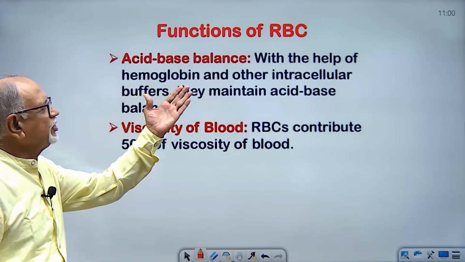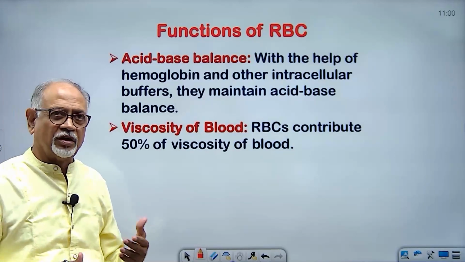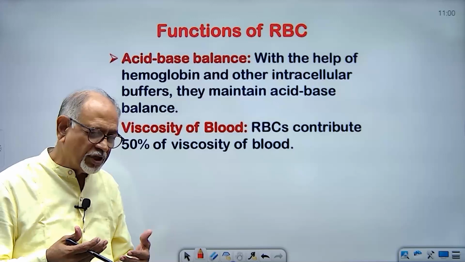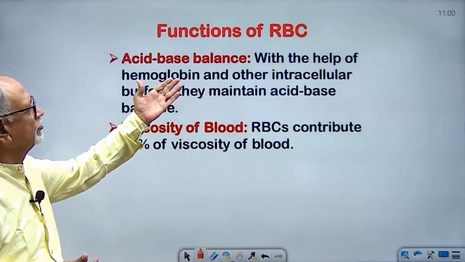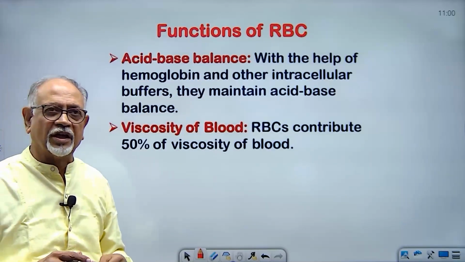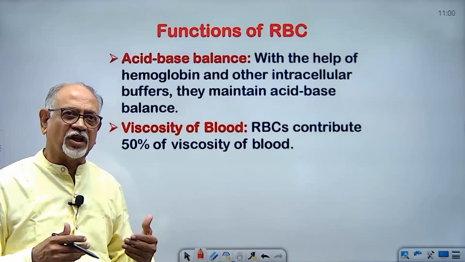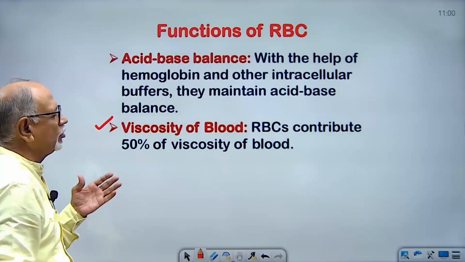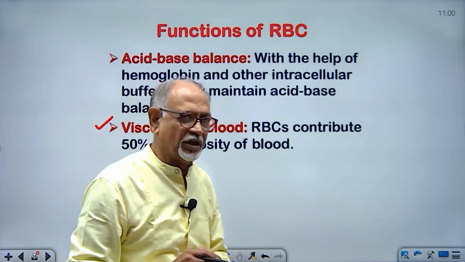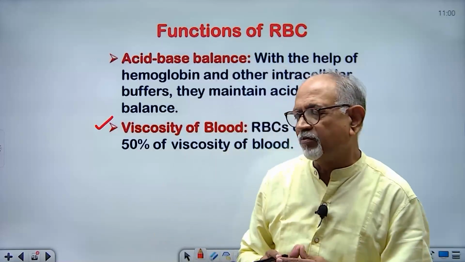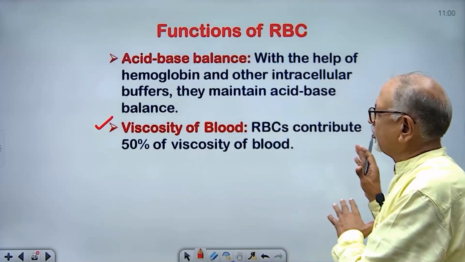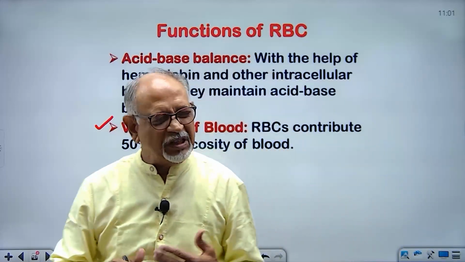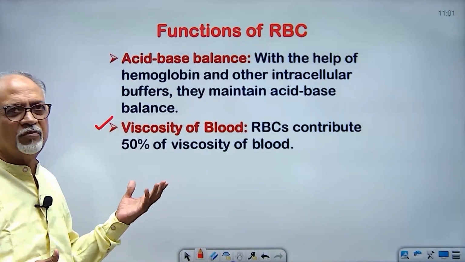Now, the same thing here, by bicarbonate ions and by hemoglobin, that is a protein, the acid-base balance is maintained in the blood and other inter and intracellular fluids. Now, RBC plays an important role in maintaining the viscosity of blood. The viscosity of blood is important for maintenance of the volume of blood. As you know, the RBC contributes nearly about 50% to the viscosity of blood.